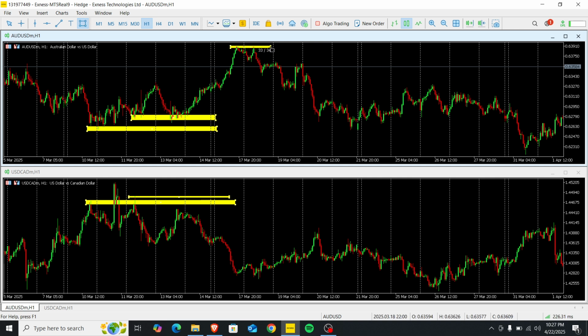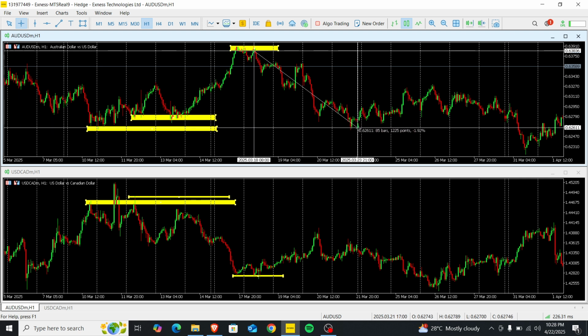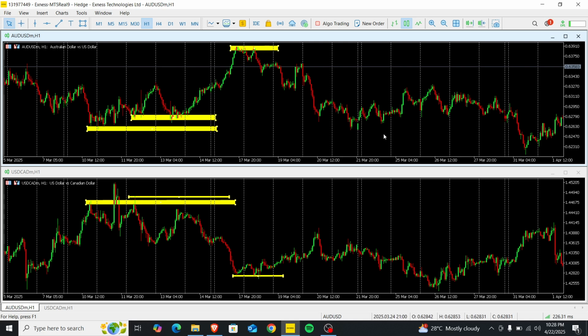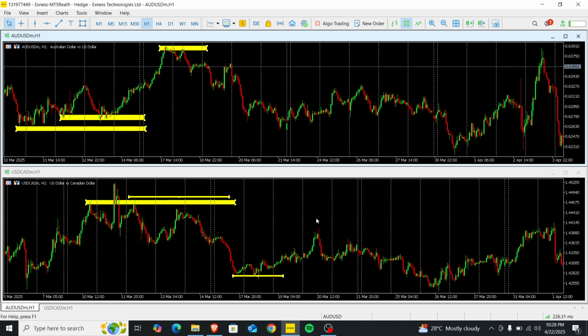So you can see these two levels right here, and you can clearly see how it was affected. So there was a break here, and you can see how strong that sell was. This sell was close to, let me see, it was almost 125 pips on AUDUSD.